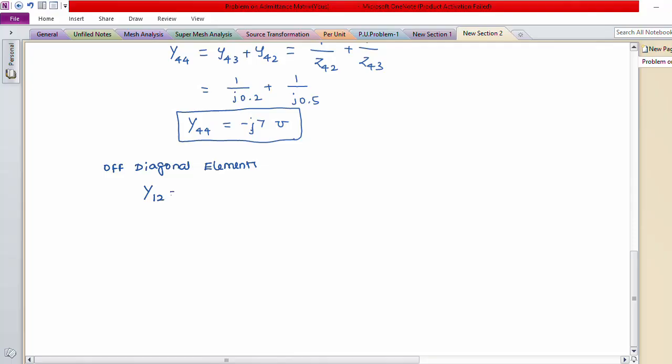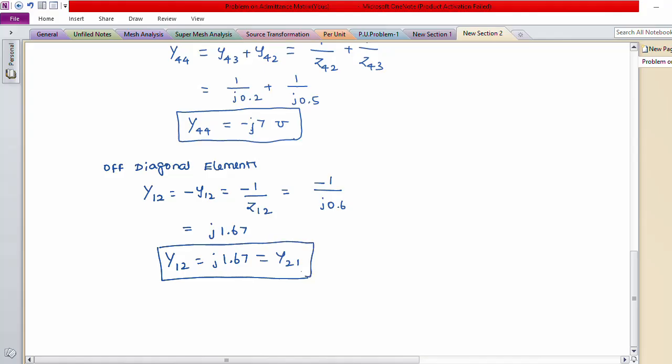So Y12 is equal to minus small y12, that is equal to minus 1 by Z12. The impedance for line 1 to 2 is j0.6. If you simplify this value, you will get j1.67. So Y12 is equal to j1.67, that will be equal to Y21.